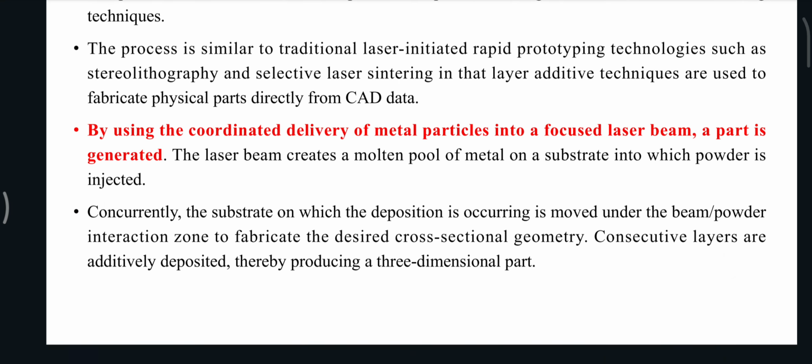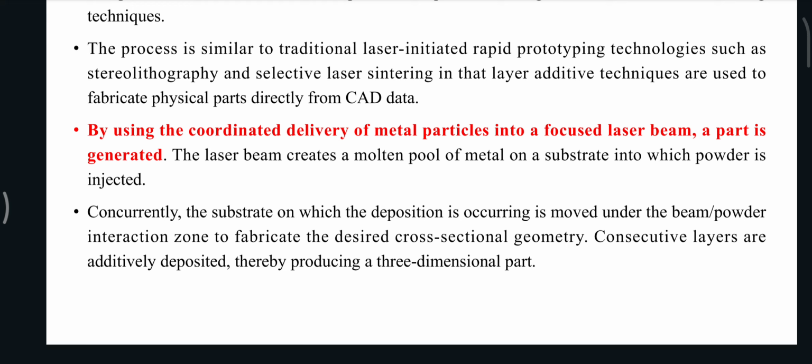By using the coordinates, delivery of metal particles into a focused laser beam, each part is generated. The laser beam creates a molten pool of metal on a substrate into which powder is injected.